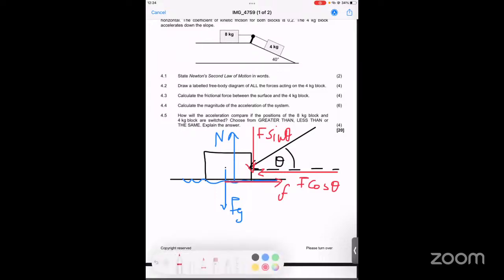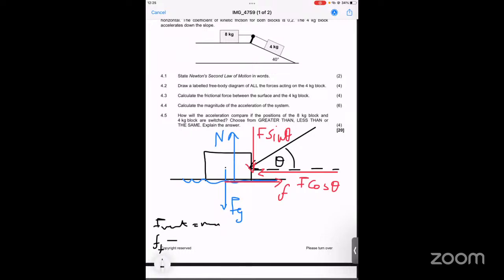And so that means in terms of the horizontal forces, for example, if we have to use F net, which is equal to MA, for the horizontal forces, we have the frictional force, which we will say is minus because the frictional force is acting towards the right.